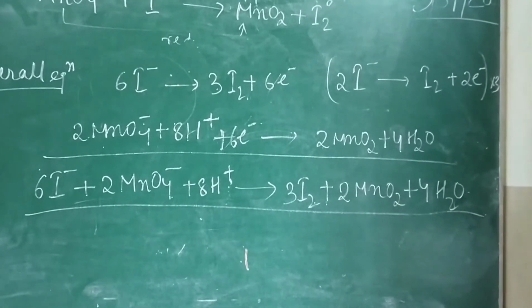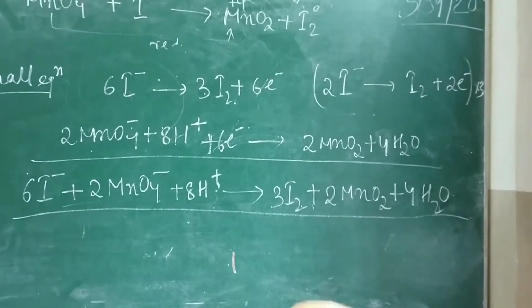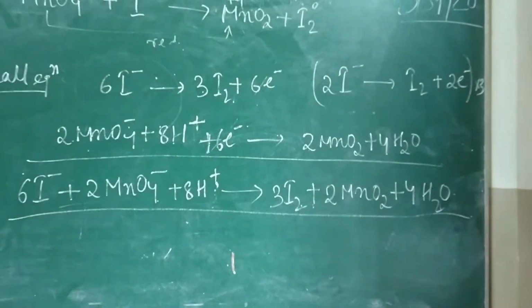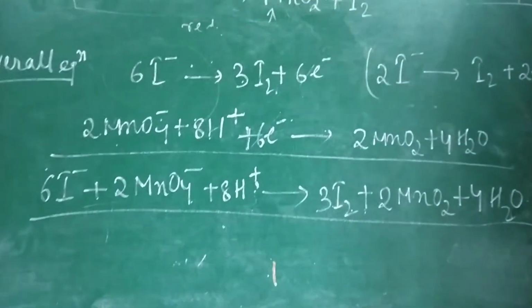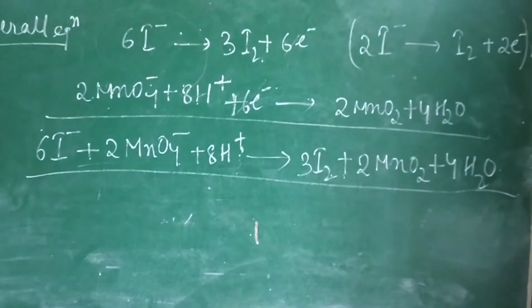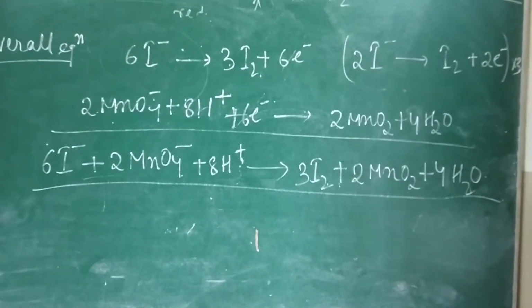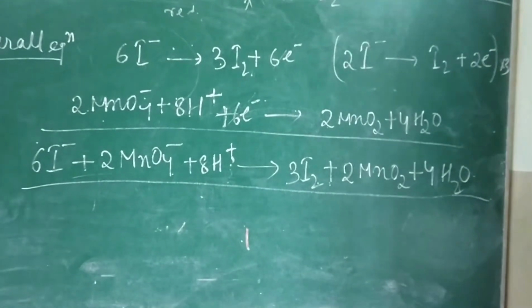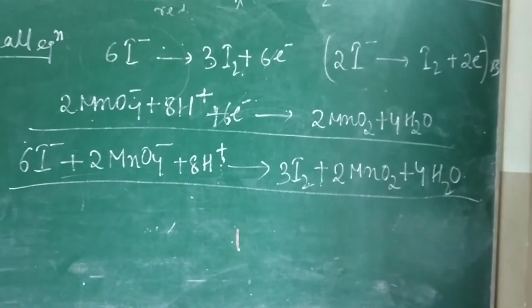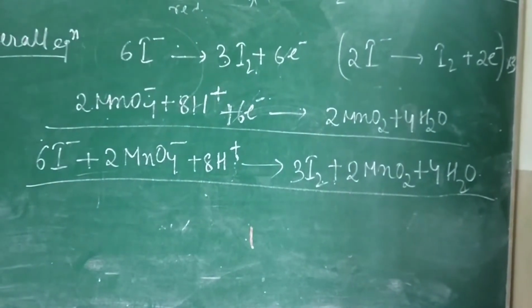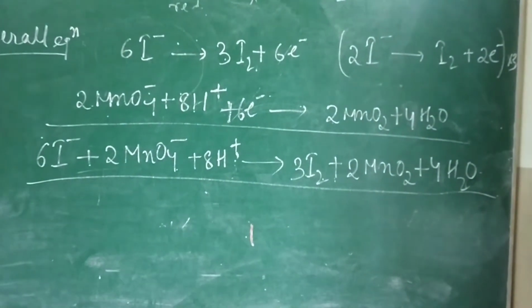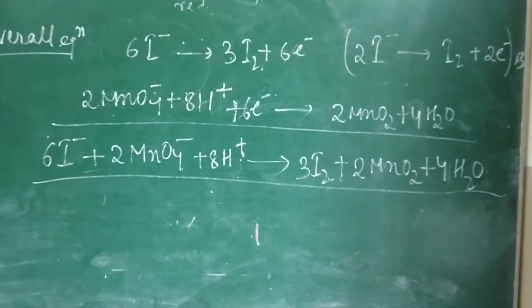We have to remove these H plus ions. For removing the H plus ions, we will add an equal number of OH minus ions on both sides, equal to the number of H plus ions present, because in basic medium protons are not there but OH minus are present.